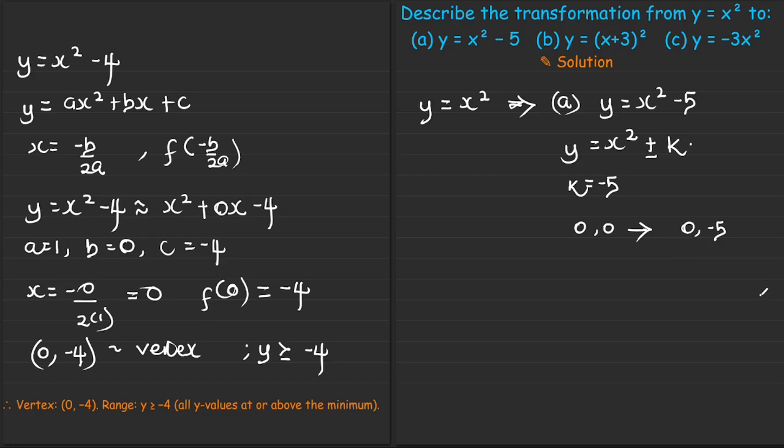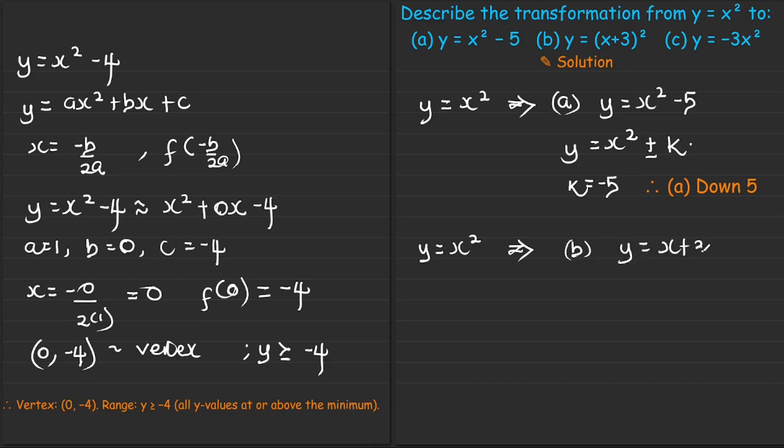That is fine. Okay, then let's look at the second one. For the second one also, we have our parent function, x squared, being transformed to B. And B is giving us y equals x plus 3 all squared.